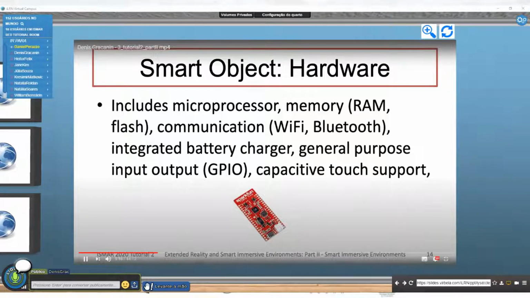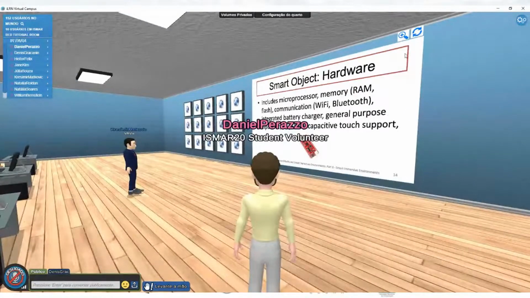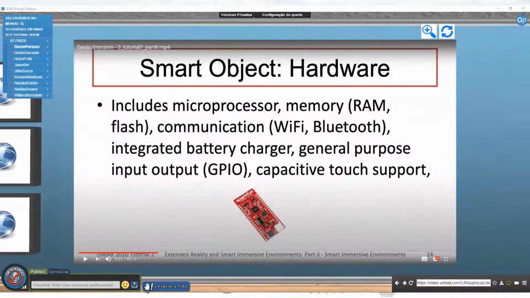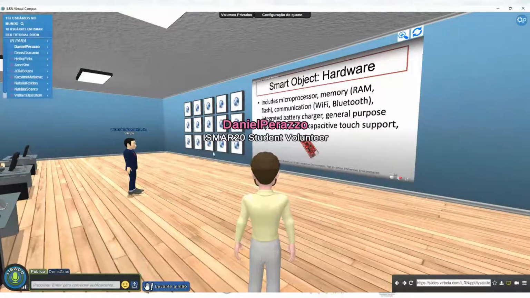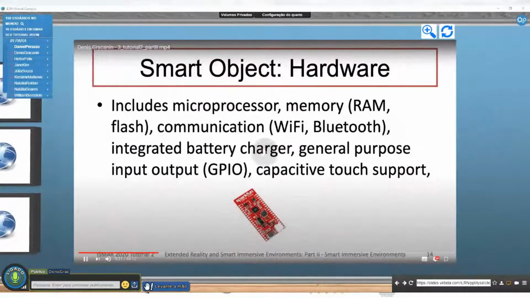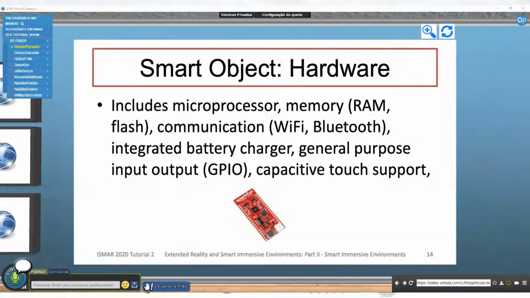Now, what we also need to see is that even though we have an object in physical world that is not smart per se, you can still use it in terms of application.